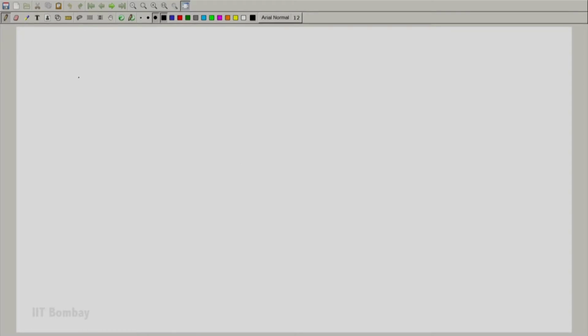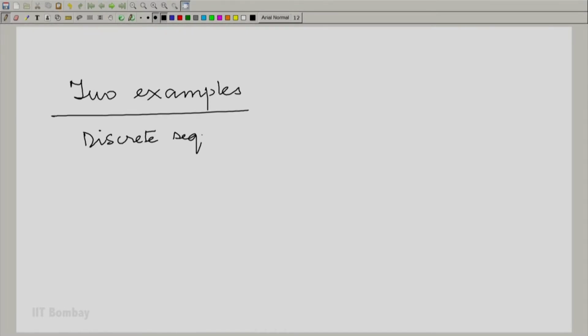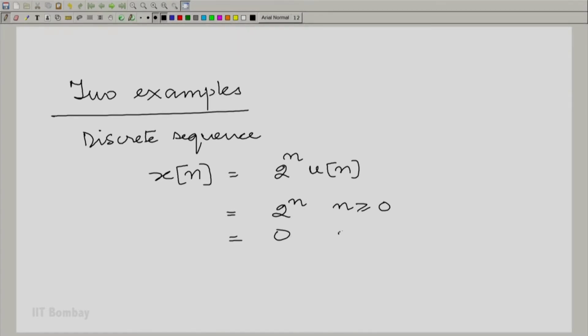So, let us come down to the two examples, one discrete, one continuous. For variety, let us begin with the discrete example this time. So, we have the discrete sequence, let us call it x[n], given by 2^n u[n]. So, essentially x[n] is equal to 2^n for n greater than or equal to 0 and 0 for n less than 0.